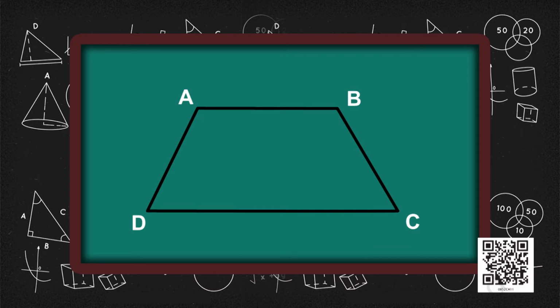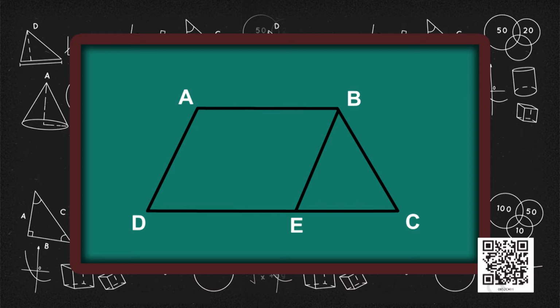Now, let us draw a line segment BE starting from B and parallel to AD. What did we get? Yes, we got a parallelogram ABED and a triangle BEC.